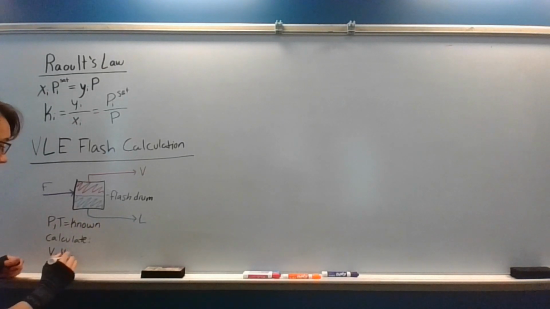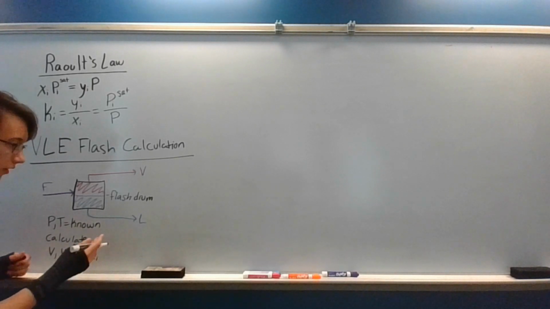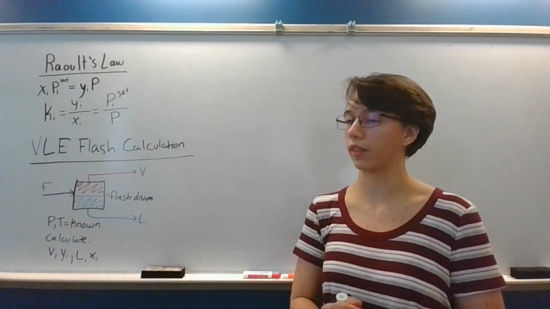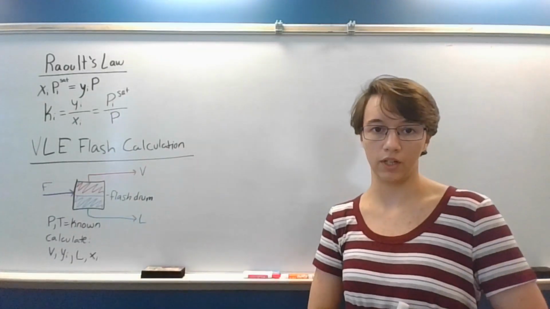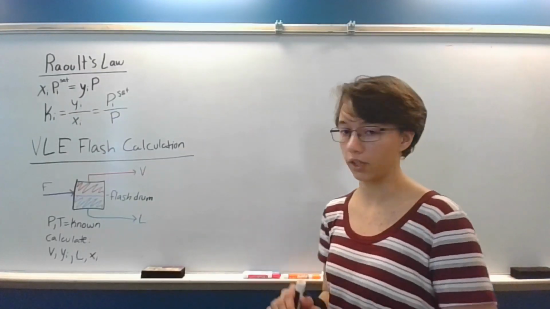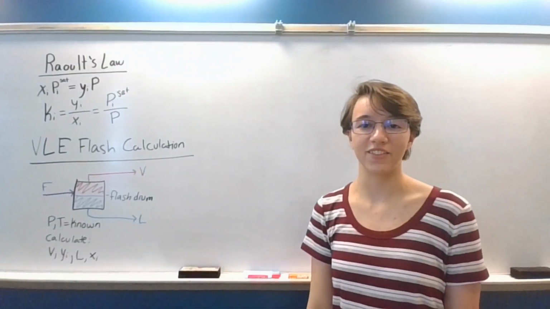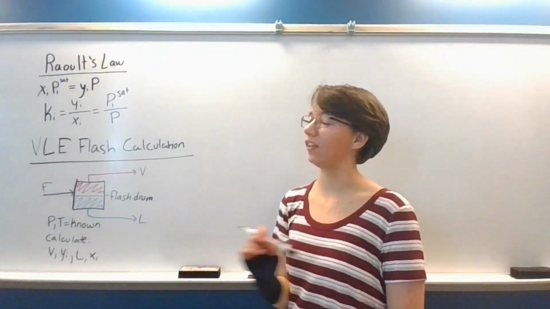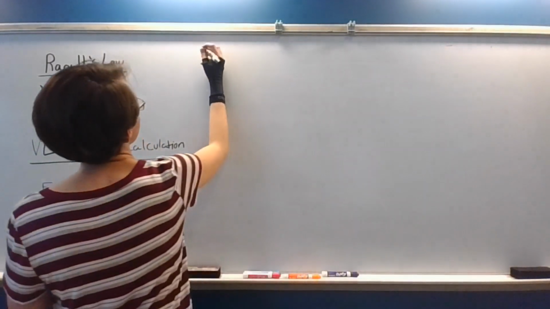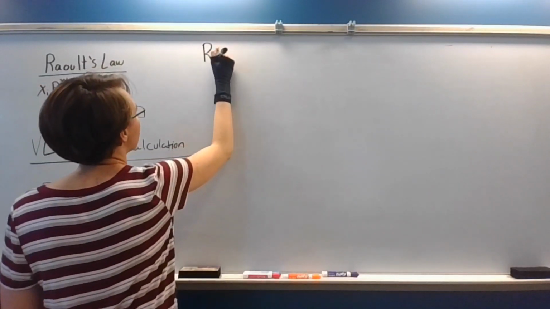We're going to want to calculate how much liquid we're going to get and the composition of this liquid. So that's a basic overview of what this vapor-liquid equilibrium flash calculation is going to look like. Alright, so the method we're going to look at today to solve one of these is called the Rachford-Rice method.